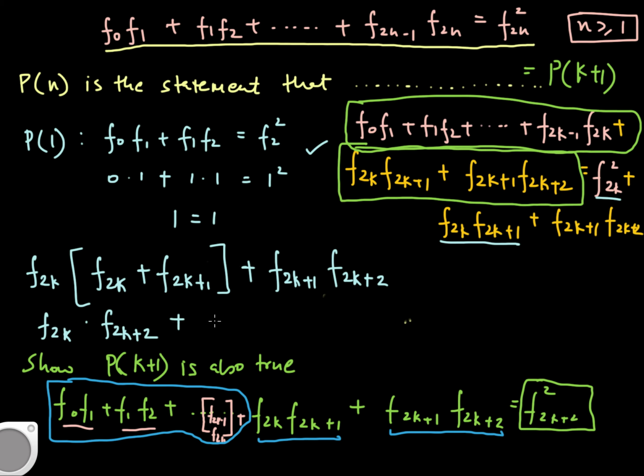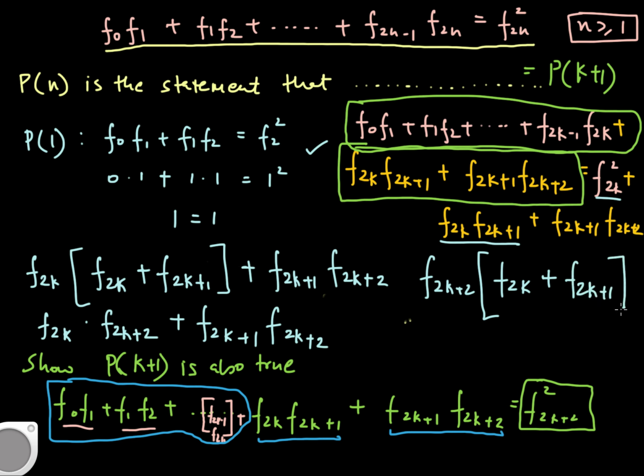And this piece that remains over here, f of 2k plus 1 times f of 2k plus 2. Now what's common here is the 2k plus 2 Fibonacci number, which is f of 2k plus 2, and I can take f of 2k plus 2 out as common. What remains inside is f of 2k plus f of 2k plus 1.